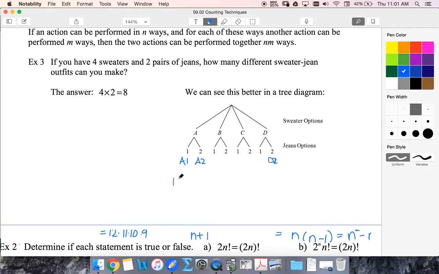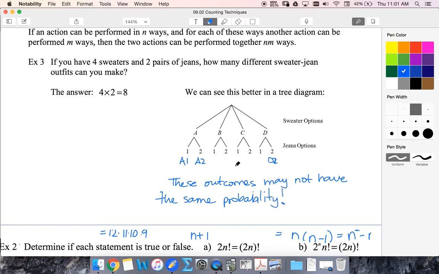Notice that these outcomes may not and probably do not have the same probability. And that's one of the reasons we use tree diagrams, so that we can look at all the different probabilities.